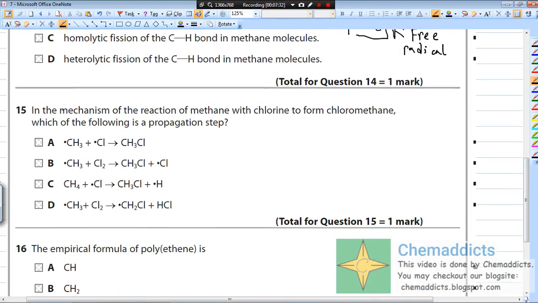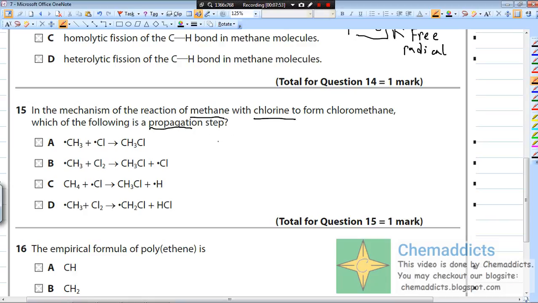Here is another question related to the reaction between methane and chlorine. In the mechanism of the reaction of methane with chlorine to form chloromethane, which of the following is a propagation step? Well, that's fine.